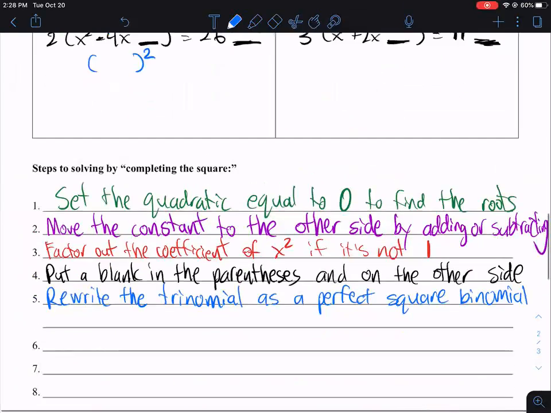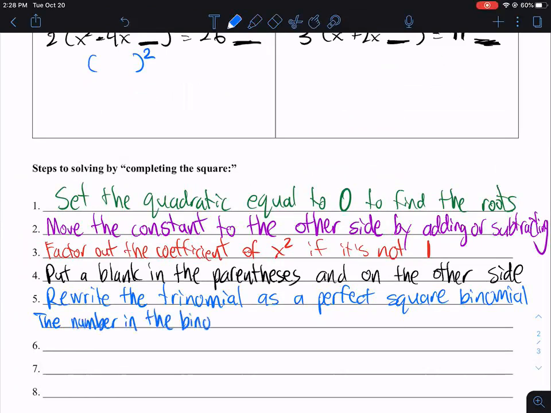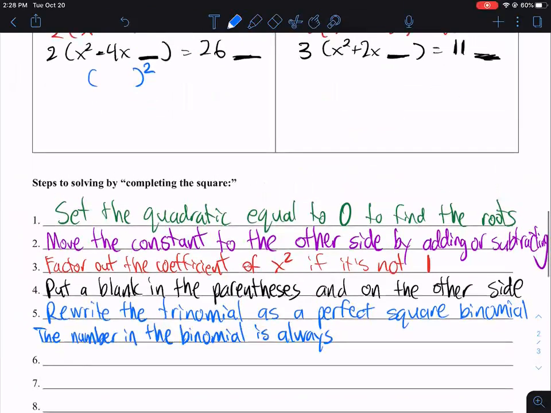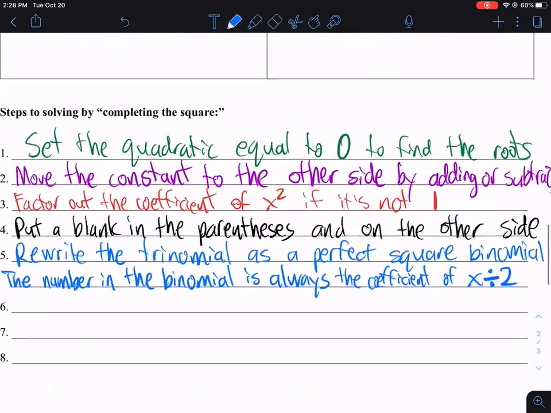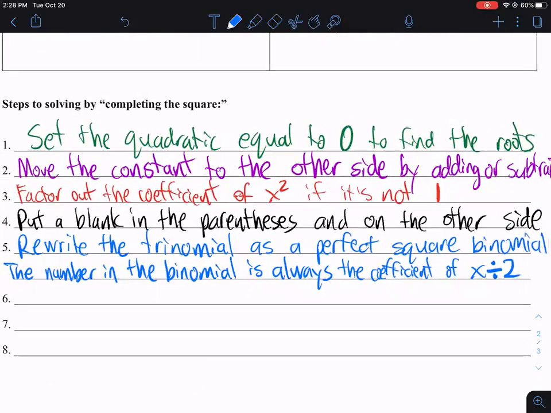Okay, so again, I know that's a lot of words, but you guys did very well on this earlier.